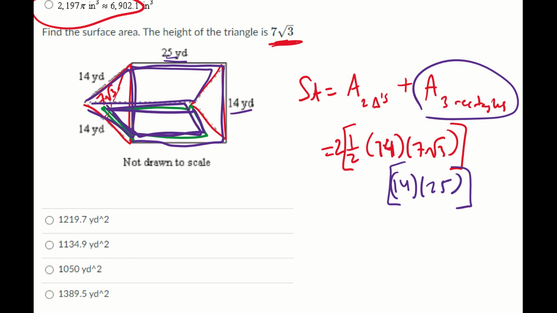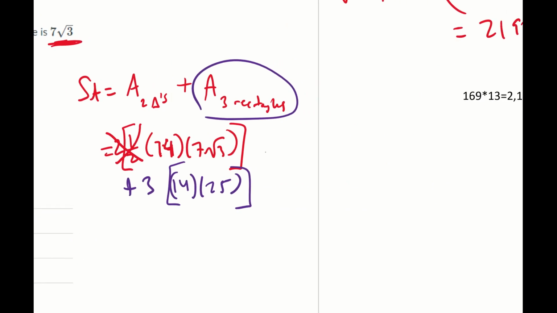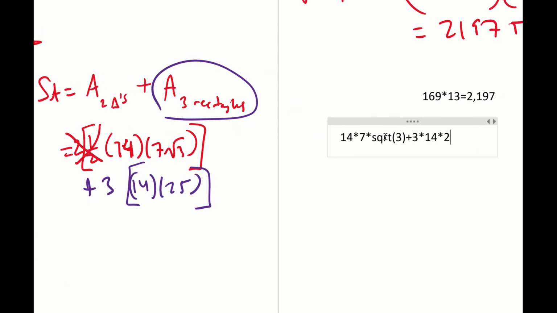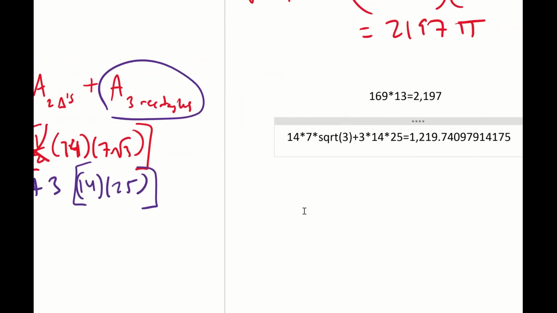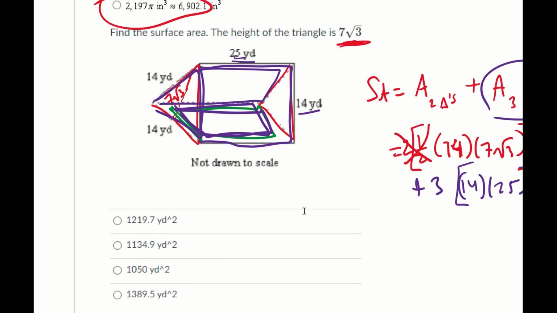So I'm going to multiply by 3 instead, and then that'll take care of it. So we'll do that on the calculator. Notice that the half and the 2 cancels out there. So we got 14 times 7 times the square root of 3, and then plus 3 times 14 times 25. So we get that, about 1219.7.